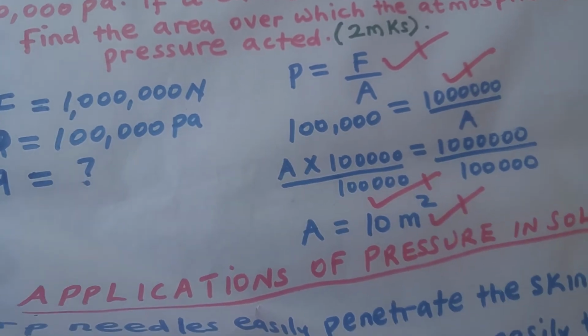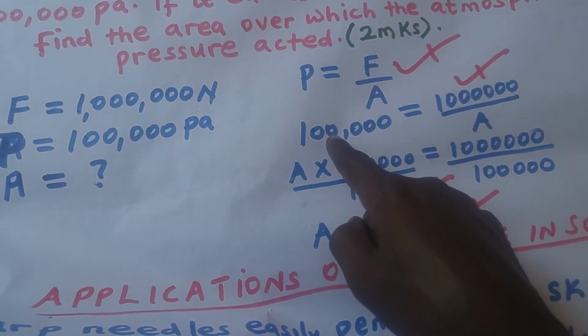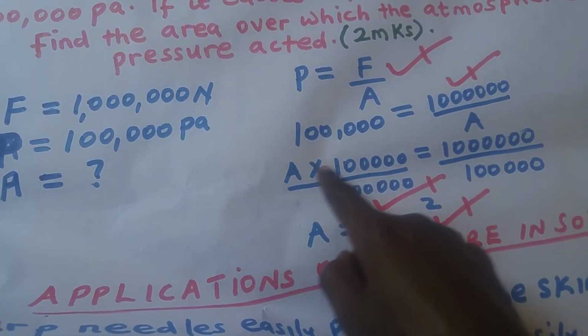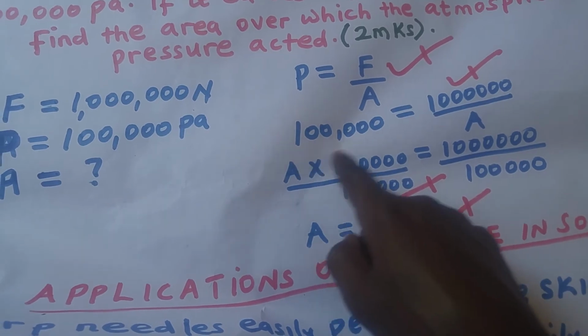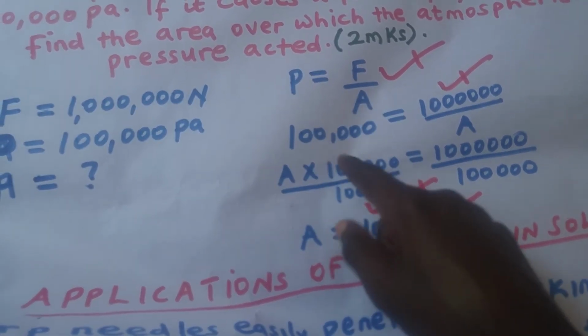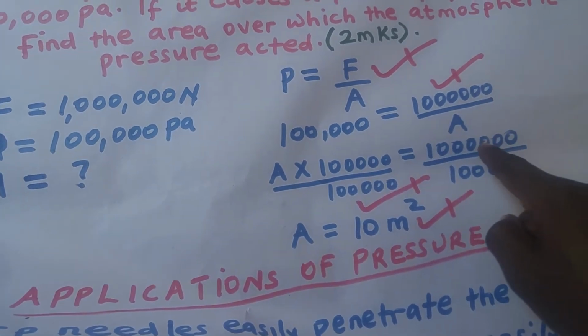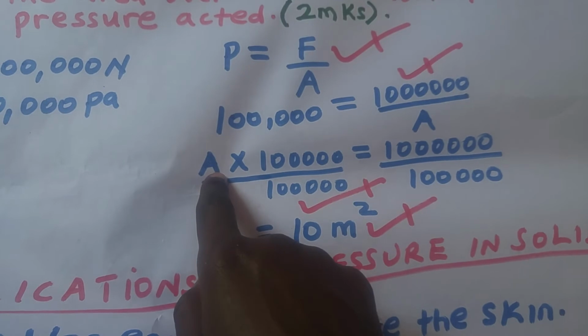Then you now cross multiply. Cross multiplying means A will multiply 100,000. A times 100,000. Then 1 million is supposed to multiply something down here, and it is not there. So we consider it as 1. And that 1 times 1 million remains 1 million. Because you are interested in A, what do you do?